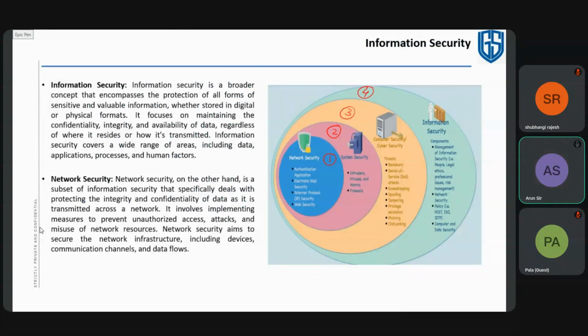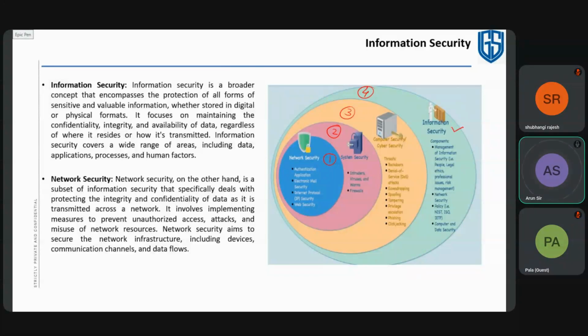In the last session we had started with information security, and we got to know the areas that it covers. If I'm covering the entire thing in its completeness, then it deals with information security.